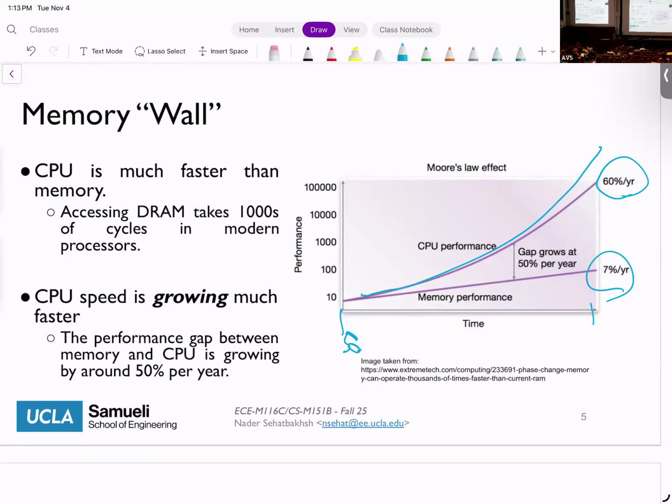Okay. As a result, regardless of how fast the processor gets, the overall end-to-end latency of the program is not going to improve because you still need to fetch things from the memory. And if the memory is slow, it's going to slow down everything else. If all you need to do on the processor side is just stall and stall and stall, then it doesn't matter how fast and how many lanes you have because you still need to wait for the data to be brought from the memory.